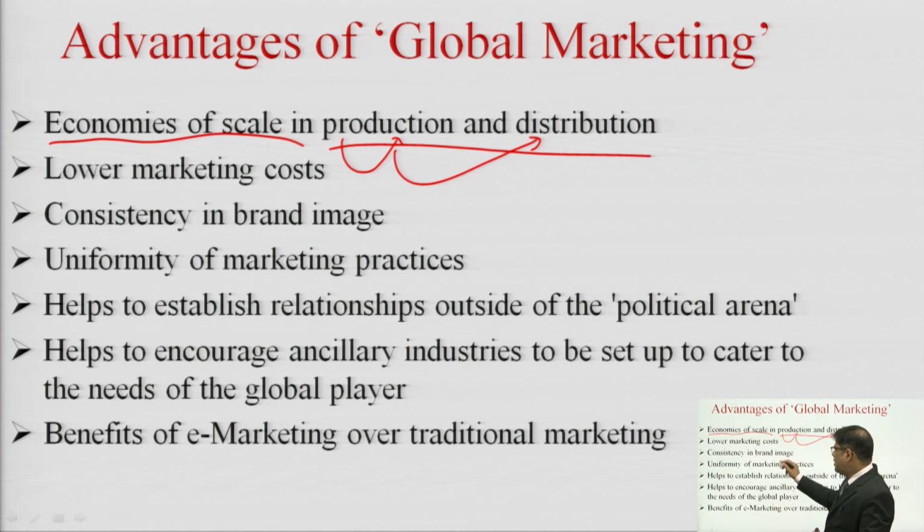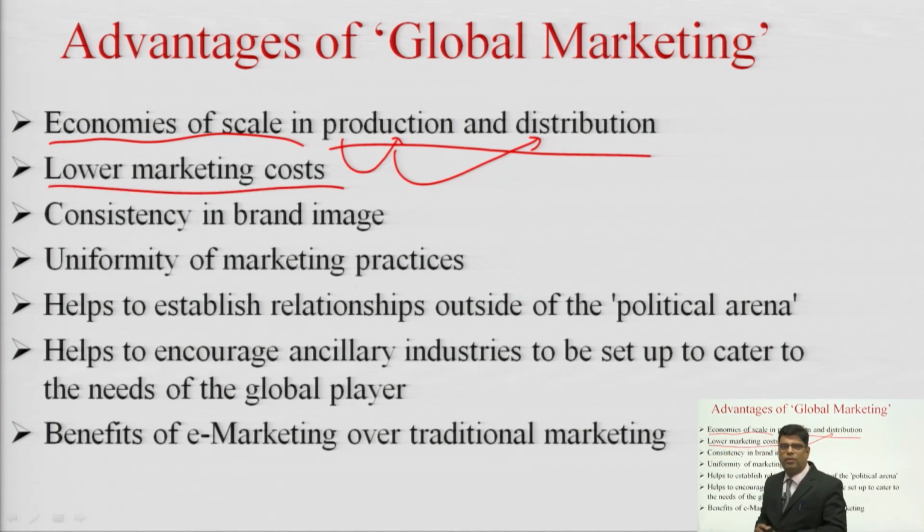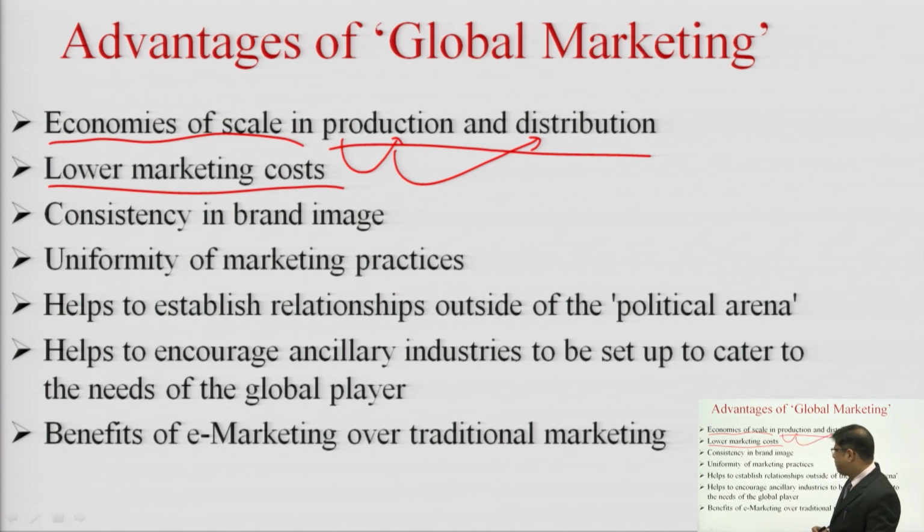After this, we talk about lower marketing costs. When the production efficiency increases, marketing costs go down, and marketing costs also go down when the consumers start doing word of mouth. So, in promotion, when the consumers do word of mouth, the marketing costs go down, and the company gains from this kind of free publicity.